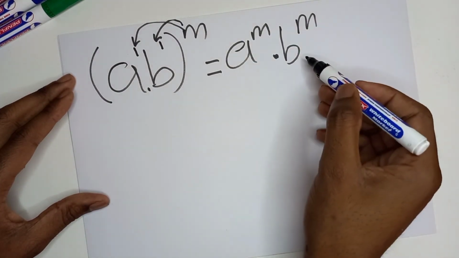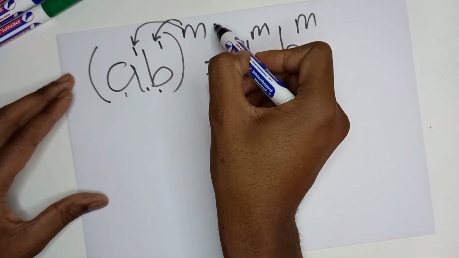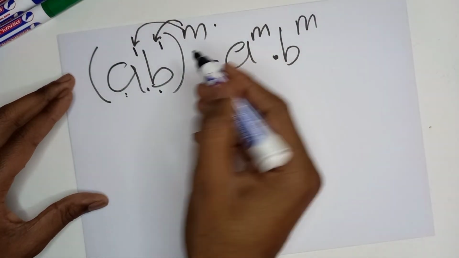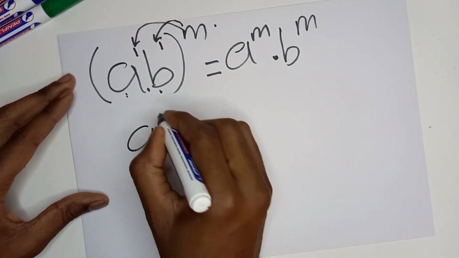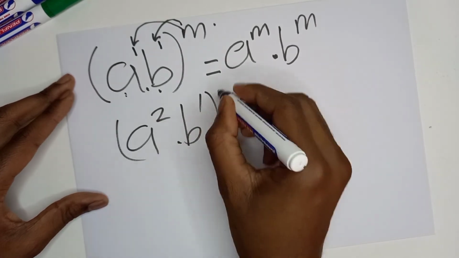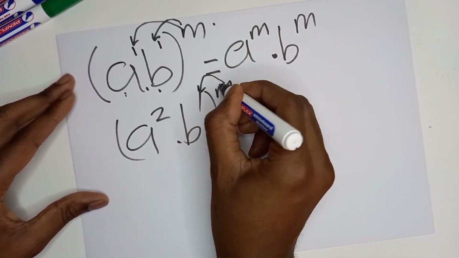So that's how you deal with two bases all to one exponent. You just multiply in. Even if you had a to the exponent of 2 times b to the exponent of 1, all to the exponent of m, the m will multiply in the same way.